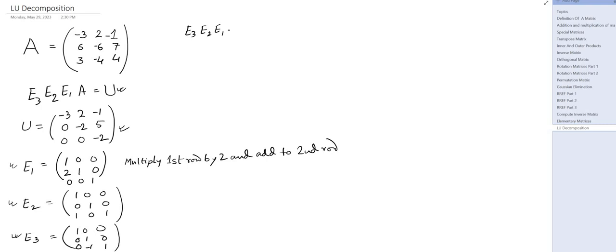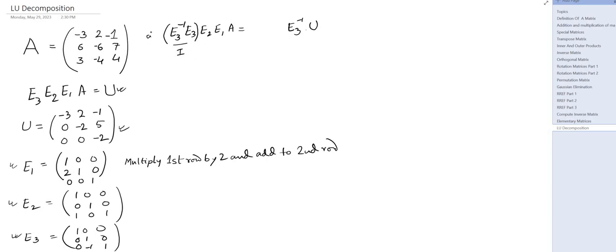E3 E2 E1 A equals U. In the first step we multiply by E3 inverse, and here also we multiply by E3 inverse on U. And this gives an identity matrix, so it brings the same result.